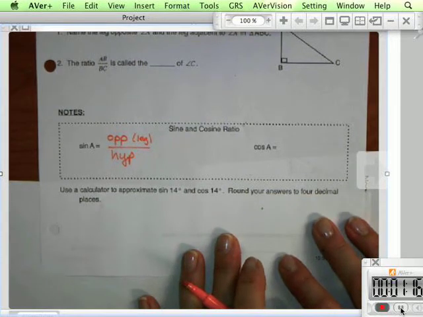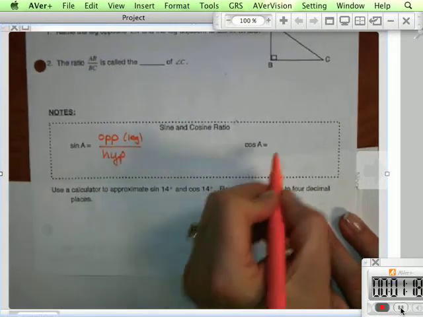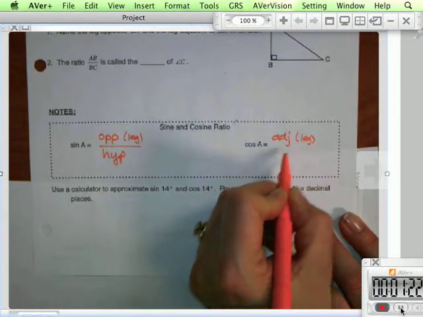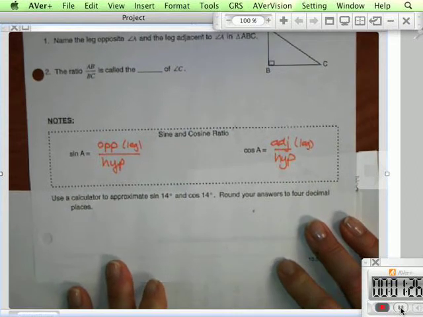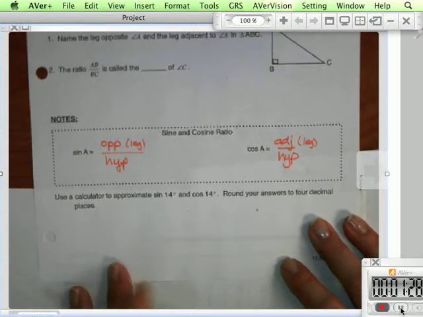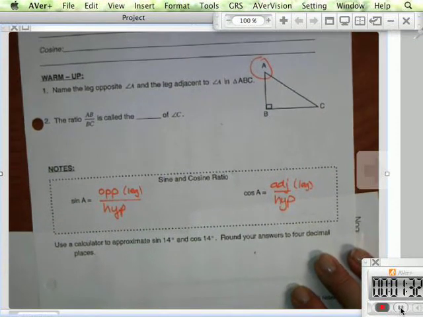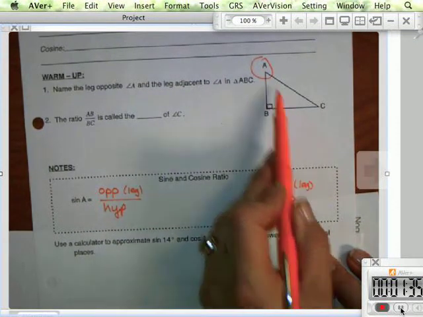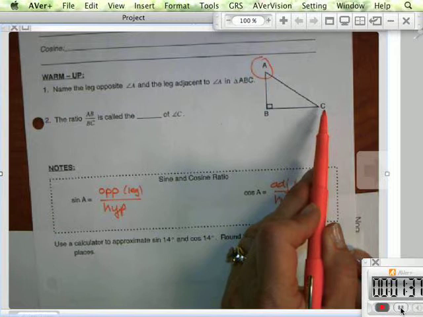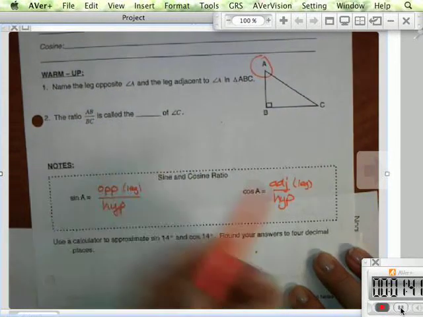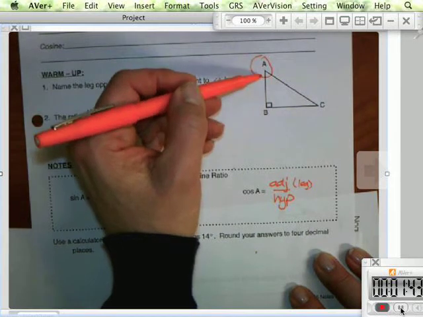And then the cosine of A is going to equal the adjacent, and that's always going to be a leg over the hypotenuse. So let's say we're looking here at the sine of A. We're going to do opposite over hypotenuse. If we're looking at the cosine of A, we're going to do adjacent over hypotenuse.